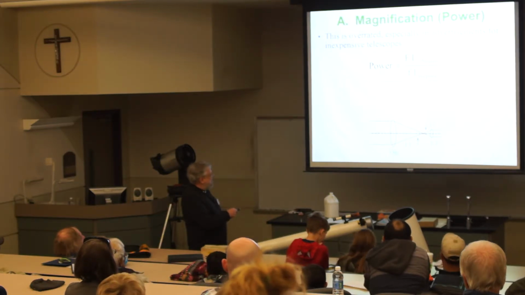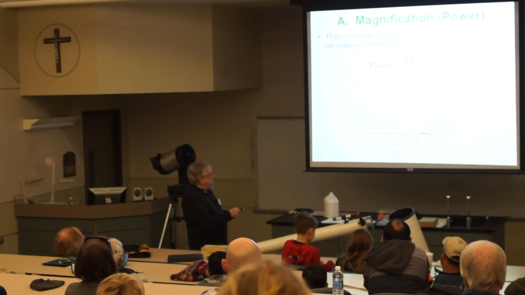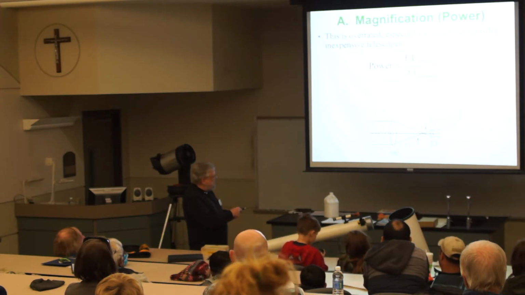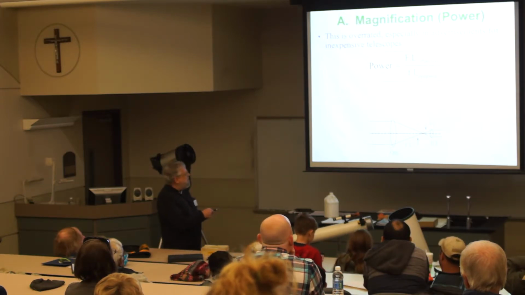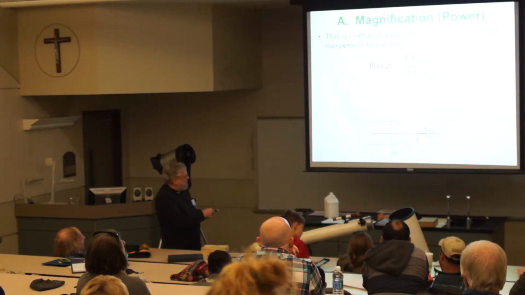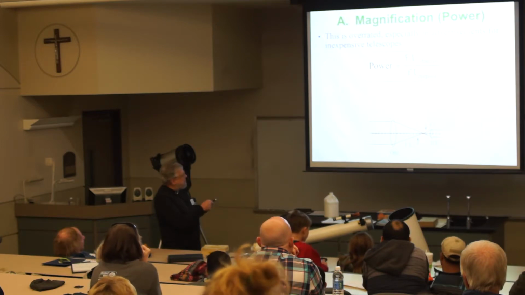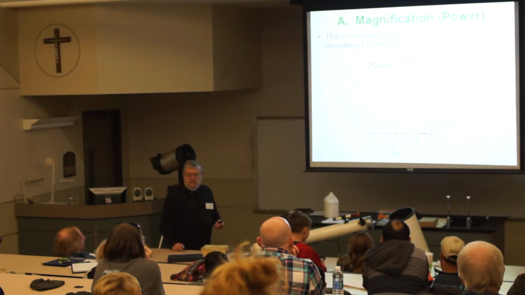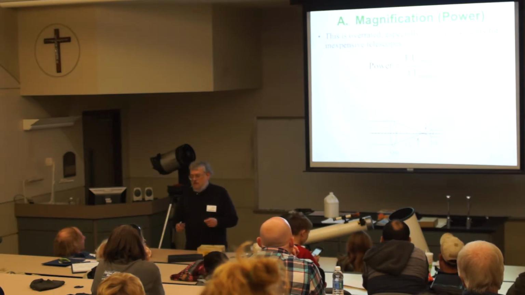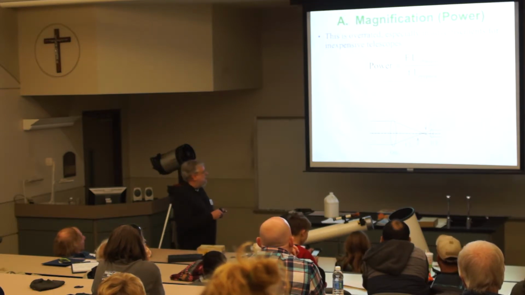The size of this lens compared to that lens is the same as this focal length compared to that focal length. So if we set up the ratio of the diameters, that's the same as the ratio of the focal lengths, which is easier to measure and doesn't change when you stop something down. It all remains the same.